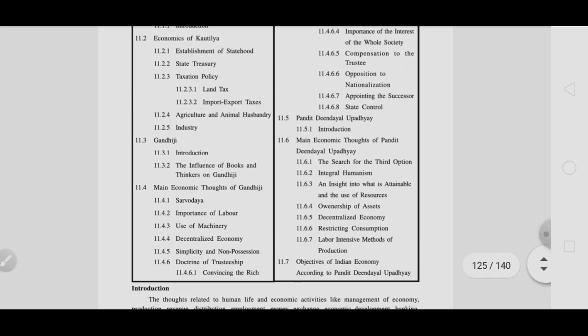Lastly, we will discuss Pandit Deendayal Upadhyaya, his introduction and studies, and his main economic thoughts. Last but not least are the objectives of the Indian economy according to Pandit Deendayal Upadhyaya.